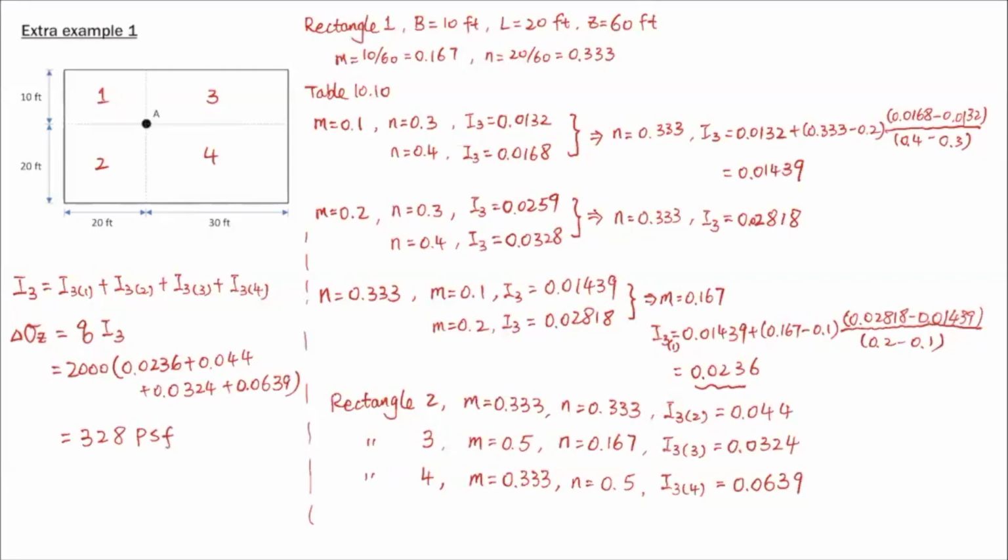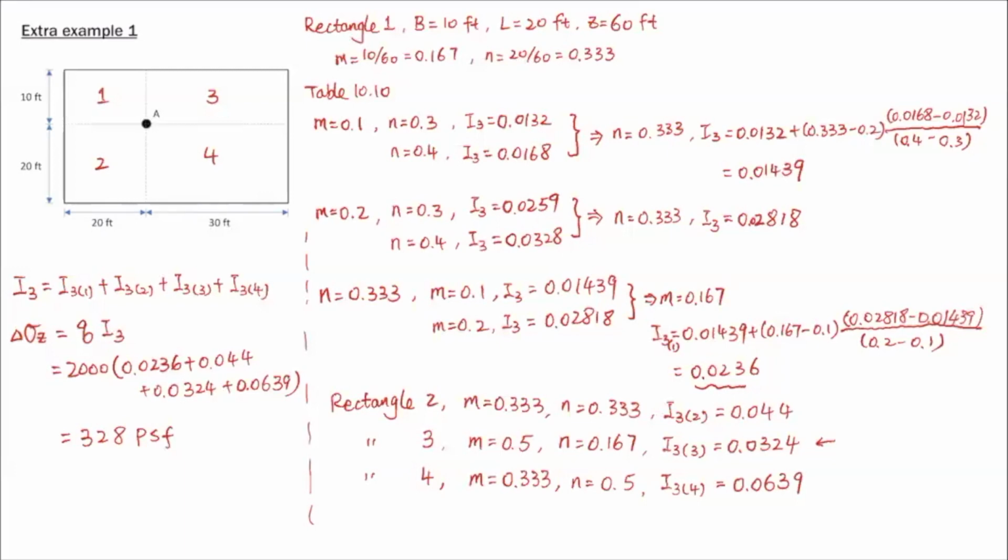One thing I want to mention here: for table 10.10, m and n values are interchangeable. You notice here for this third rectangle, I actually used the larger dimension to calculate m, so m is 0.5 and n is 0.167.